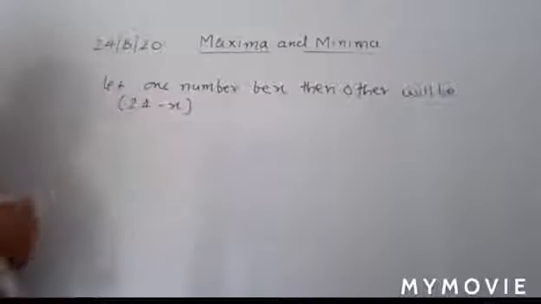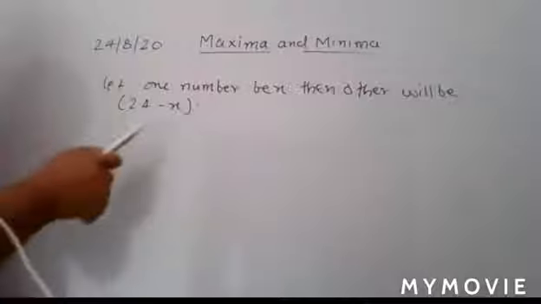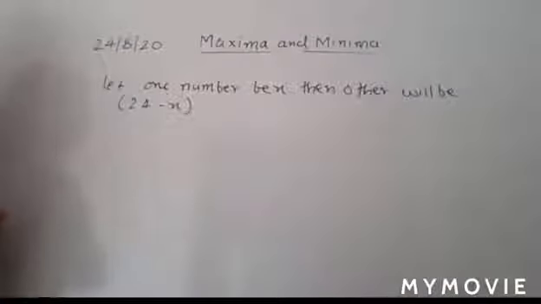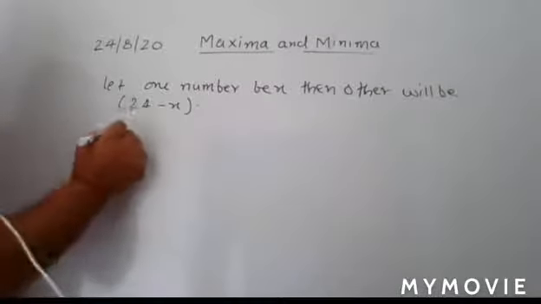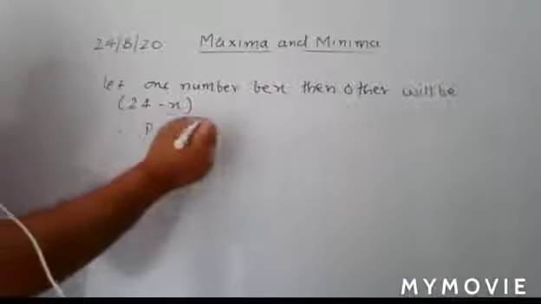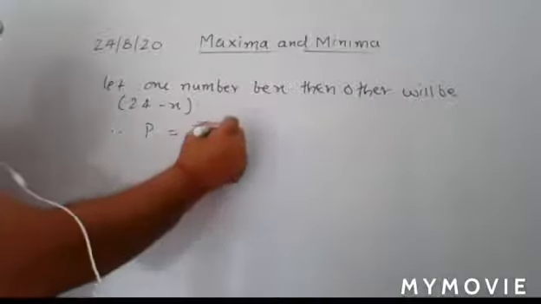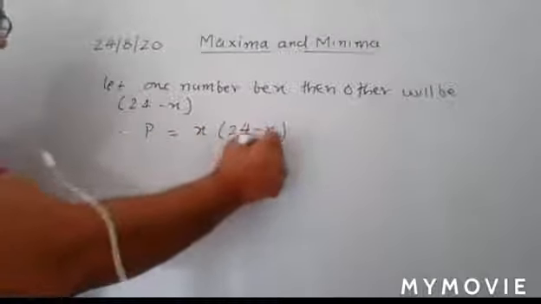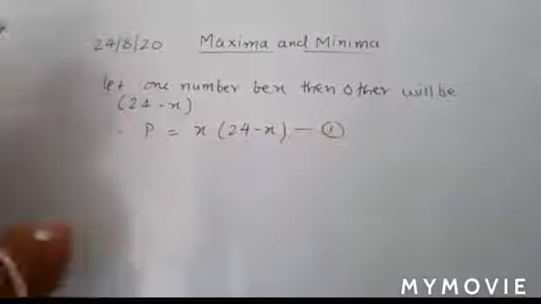Understand? Now, what is given? You have to maximize the product of these two numbers. So suppose you take the product as P, then P can be written as x into 24 minus x, and you have to maximize this.